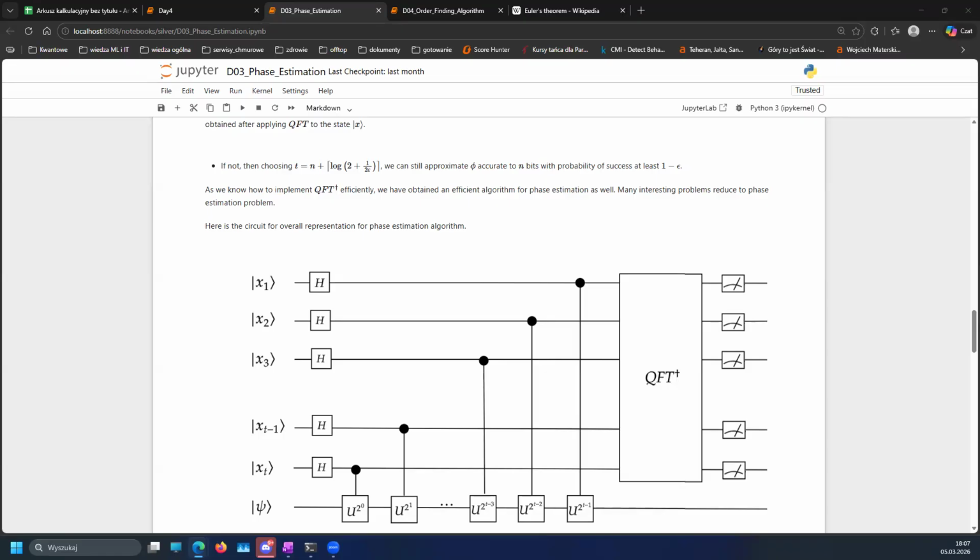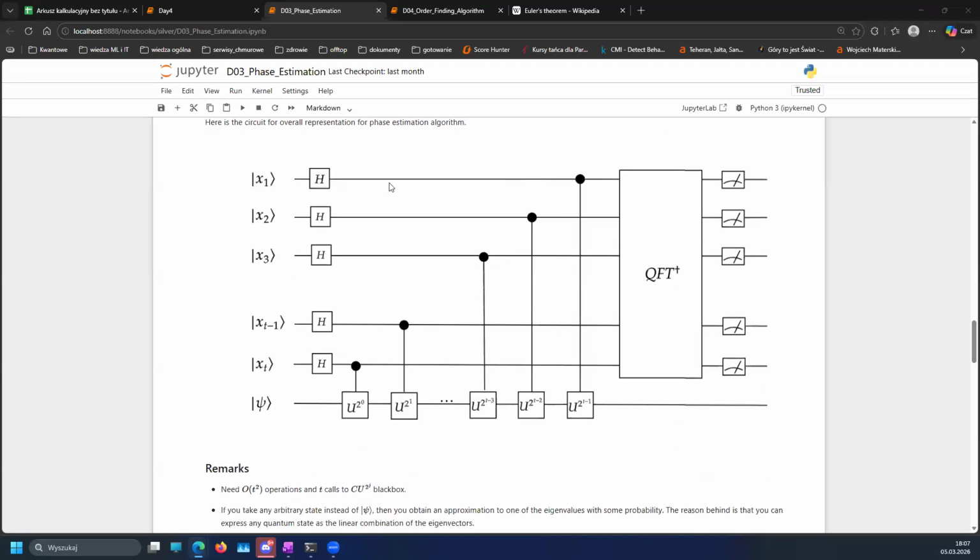So a quick reminder: in quantum phase estimation, we have two registers. Here, this register at the bottom is the state vector register. This register is something that is already given, so this is an input to QPE.